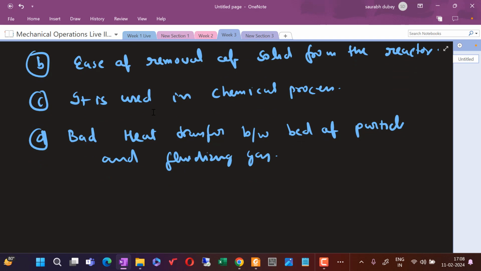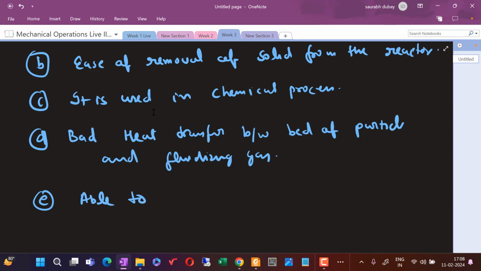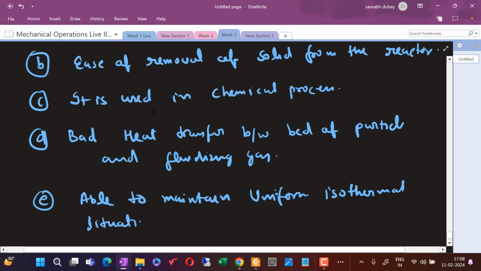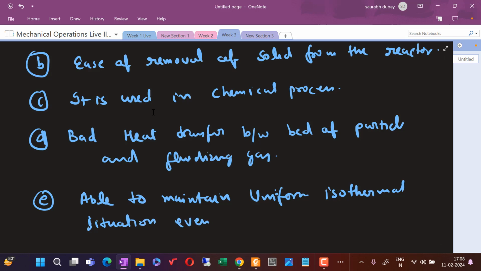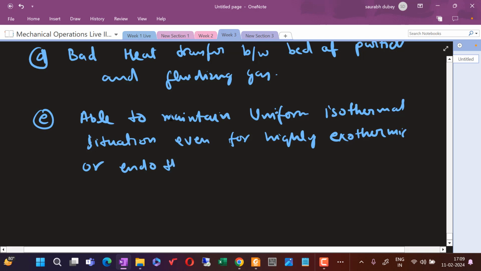Able to maintain a uniform isothermal situation even for highly exothermic or endothermic reactions. So this could be used.